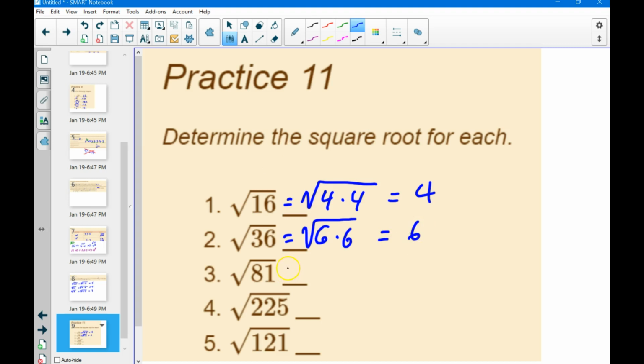And so on. Square root of 81, 9 times 9, so the square root of 81 is 9. And if you don't want to go through all that process, the square root of 225 is going to be 15. And the square root of 121 will be 11.